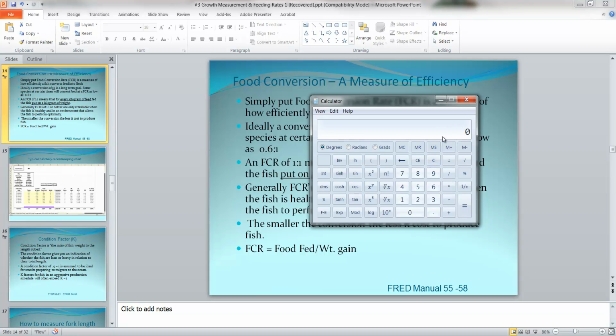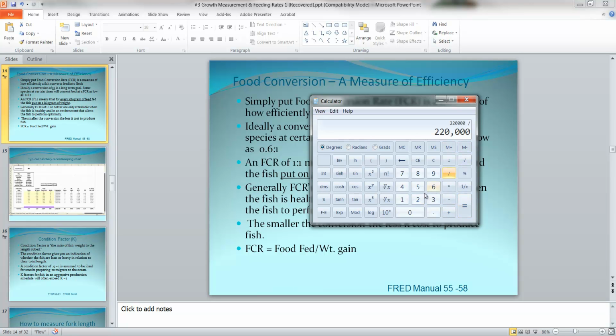That's the old weight. Let's say today I weighed them, and there's still 100,000 fish in there. Nobody died. It's amazing. And let's say they weigh 2.2 grams today. They got a little bigger. So that equals that, and that's in grams.